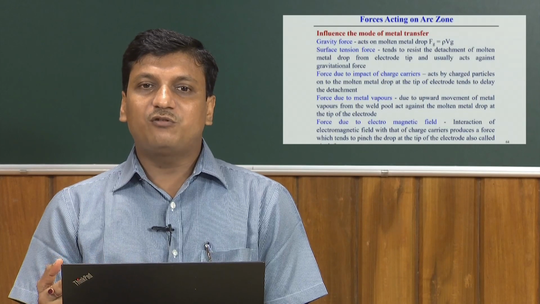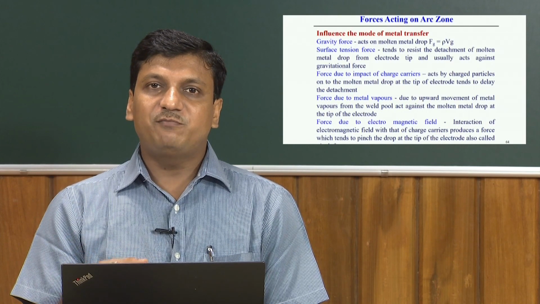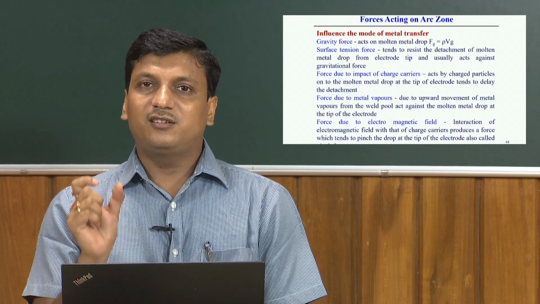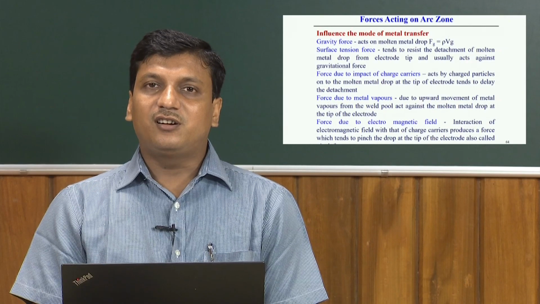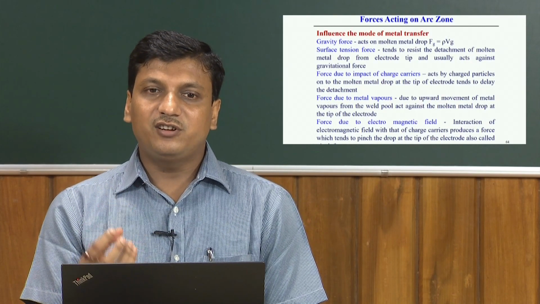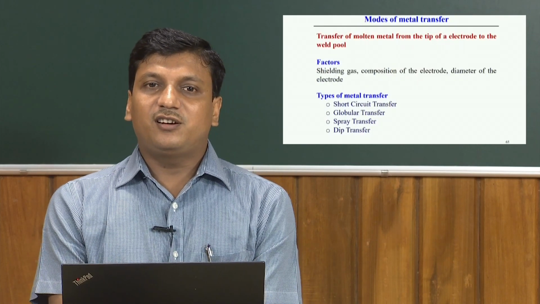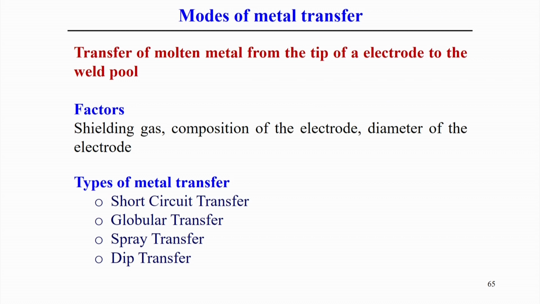The pinch force basically affects the detachment of the drop from the molten electrode. So, based on that, different forces are linked to the metal transfer in the gas metal arc welding process or any kind of shielded metal arc welding process.